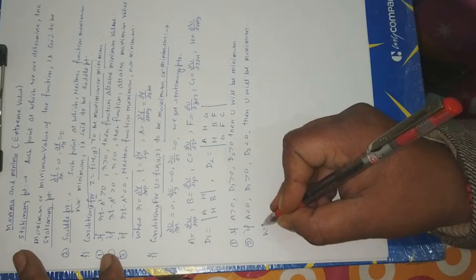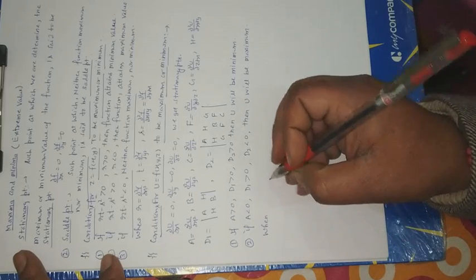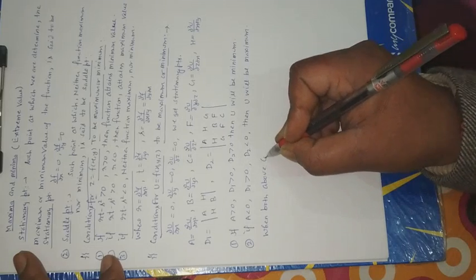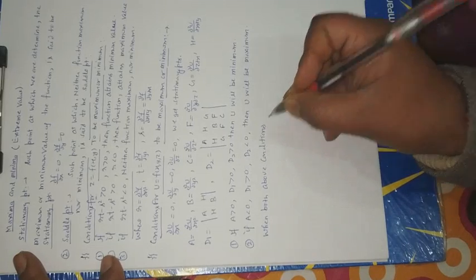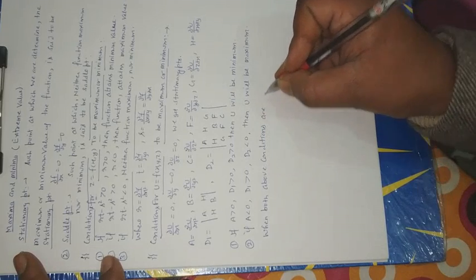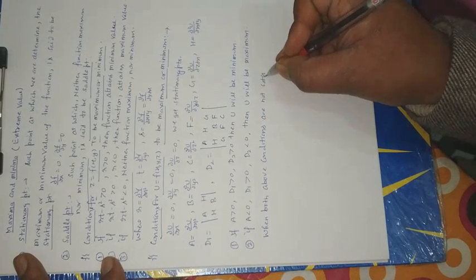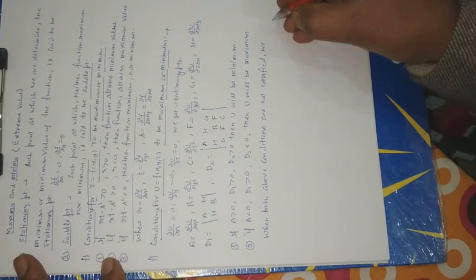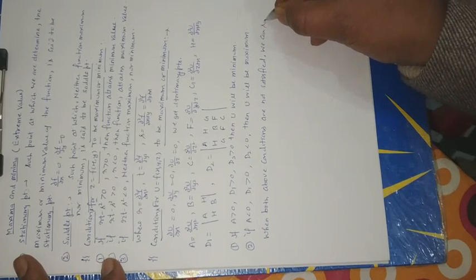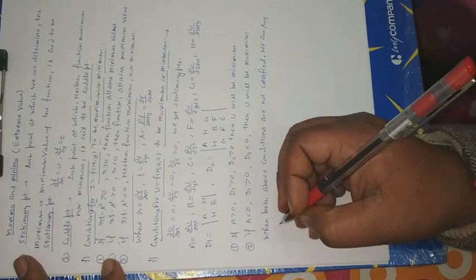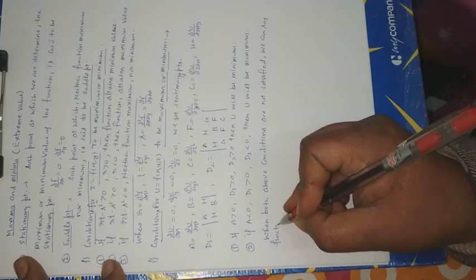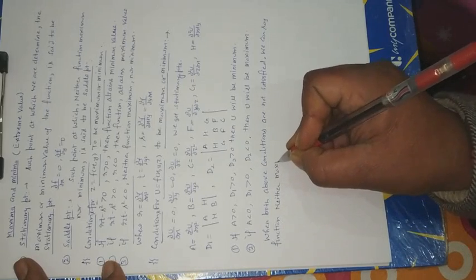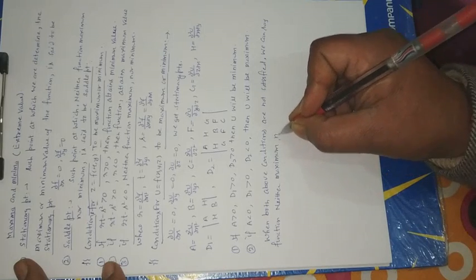That is, when both above conditions are not satisfied, we can say the function is neither maximum nor minimum.